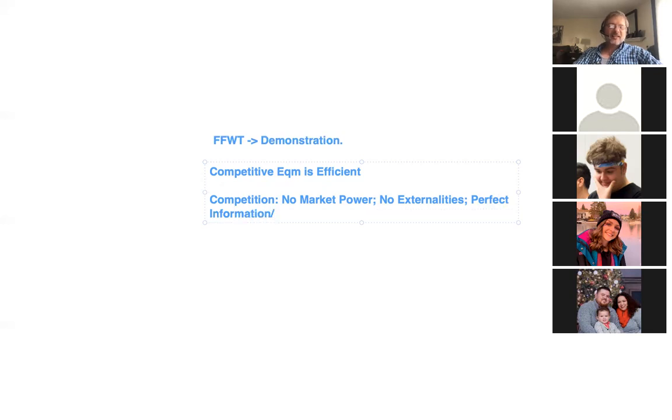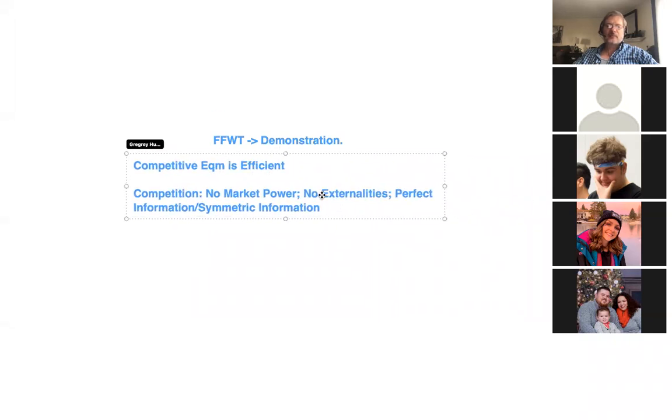And I will put a little caveat there: most times what we really mean is symmetric information among the market participants, which means that nobody knows something special about the transaction that the other people in the transaction don't. So that's just a reminder of the basic details for the competitive equilibrium to be efficient.